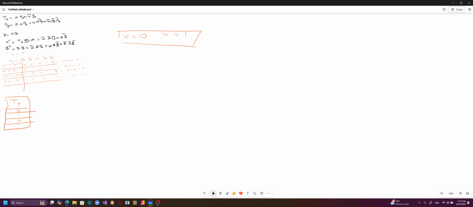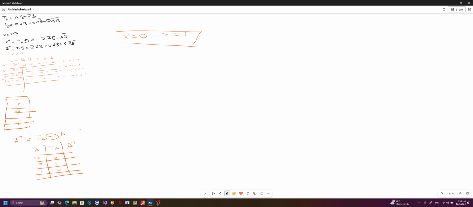Now we need to find A plus, right? So we say A plus equals TA exclusive or A. To find it, we write A, TA, and A plus. A is 0, 0, 1, 1, and TA value is 0, 1, 0, 1.